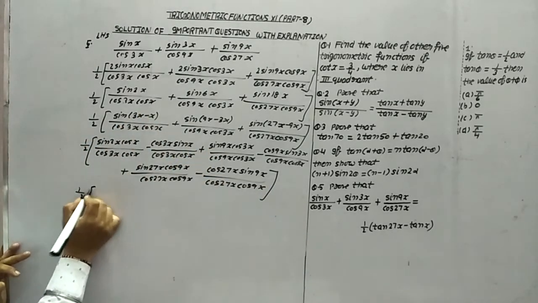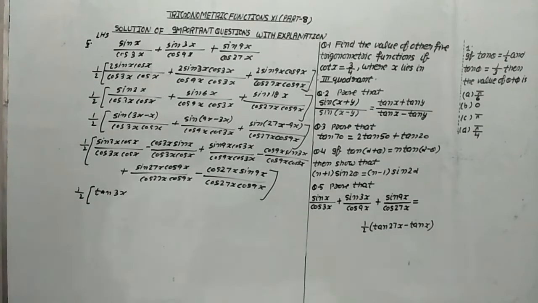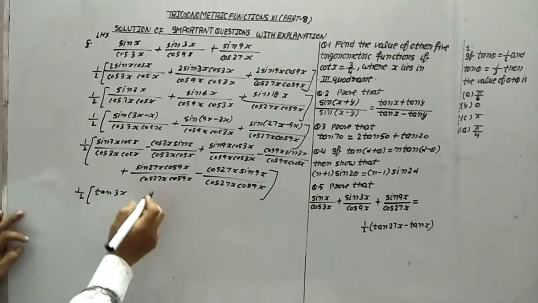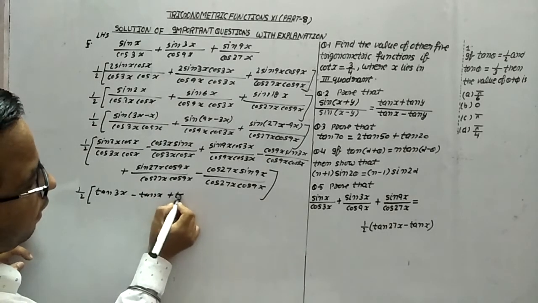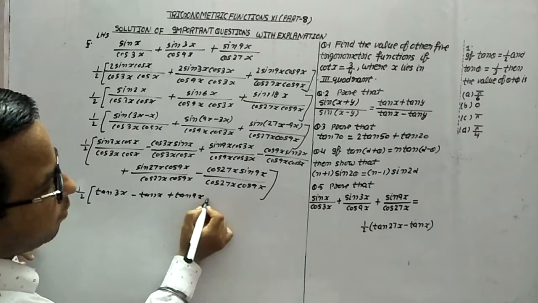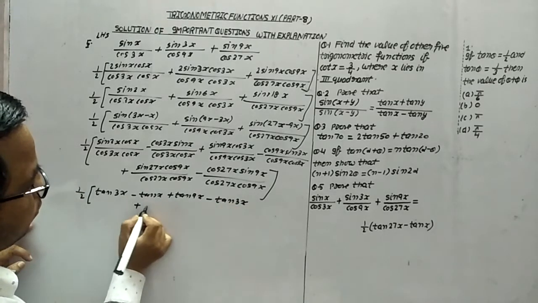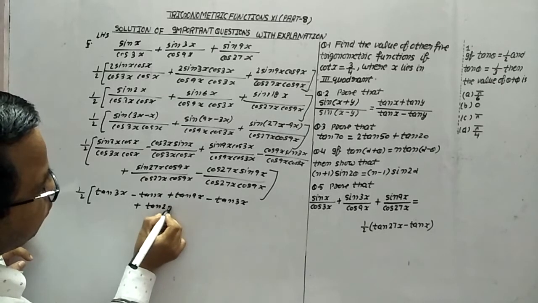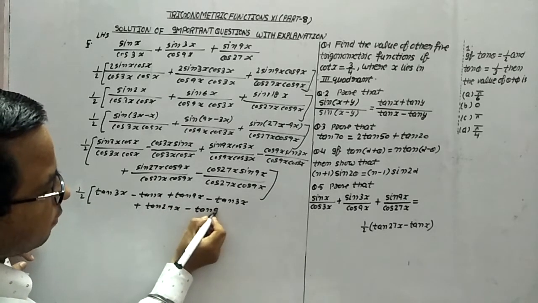Now what we observe here: this becomes tan 3x minus tan x, this becomes tan 9x minus tan 3x, and this becomes tan 27x minus tan 9x.